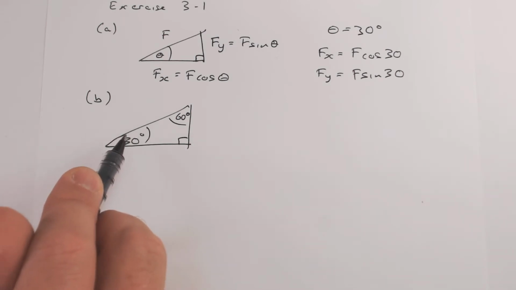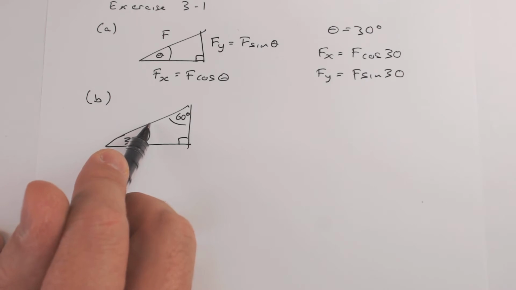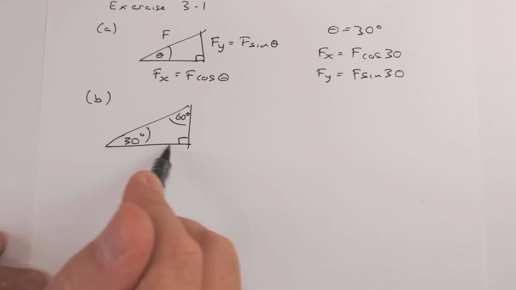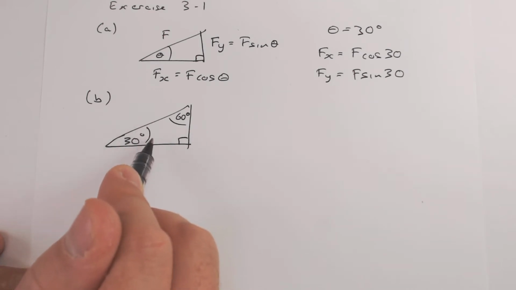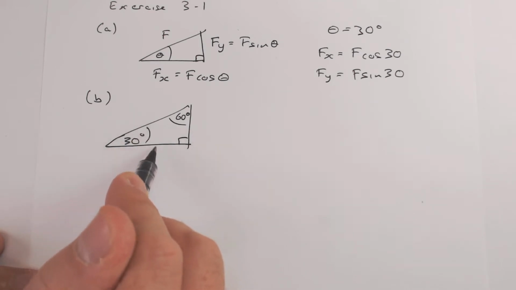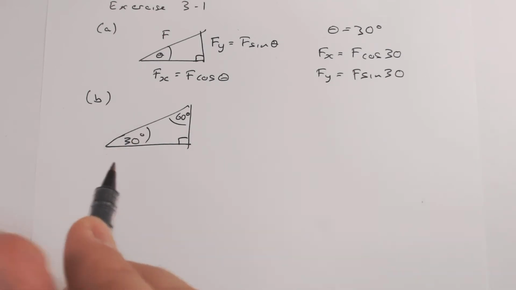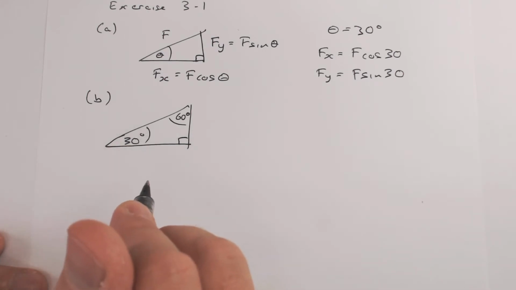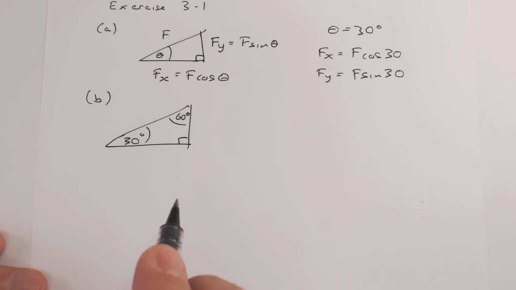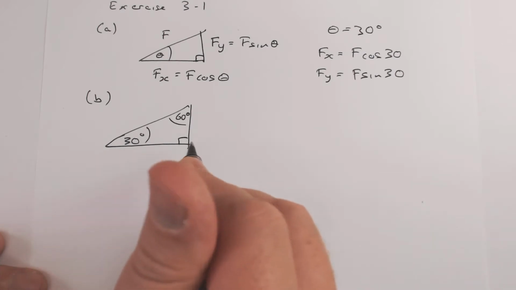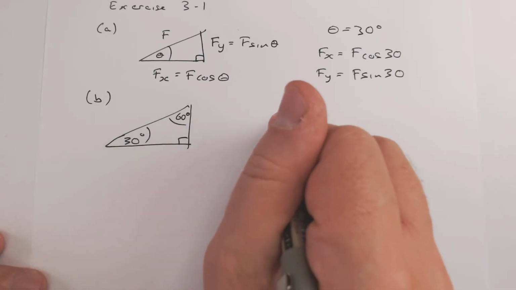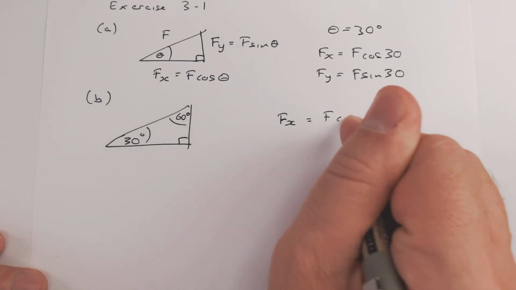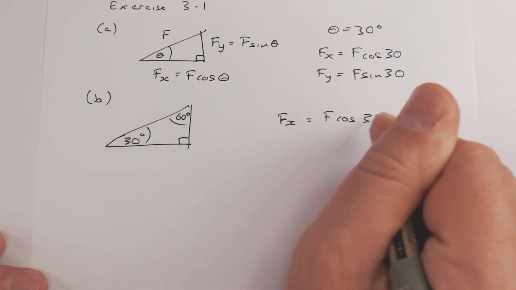The other way to think of a cos is that you want to swing through, so we've got the base of the cos value there, swing through to the longer length, and that tells you what we should be using. Okay, so we can say that the Fx is the same as before, so F cos 30.